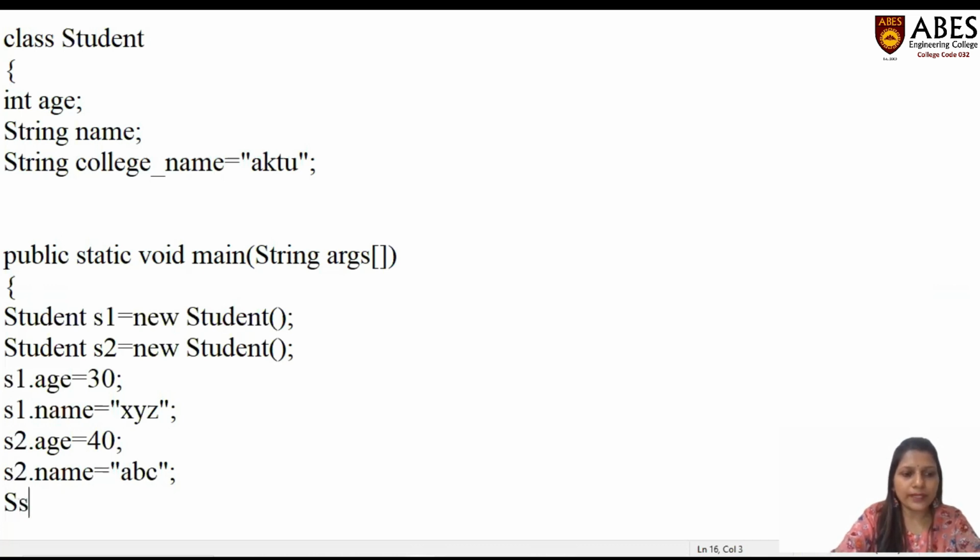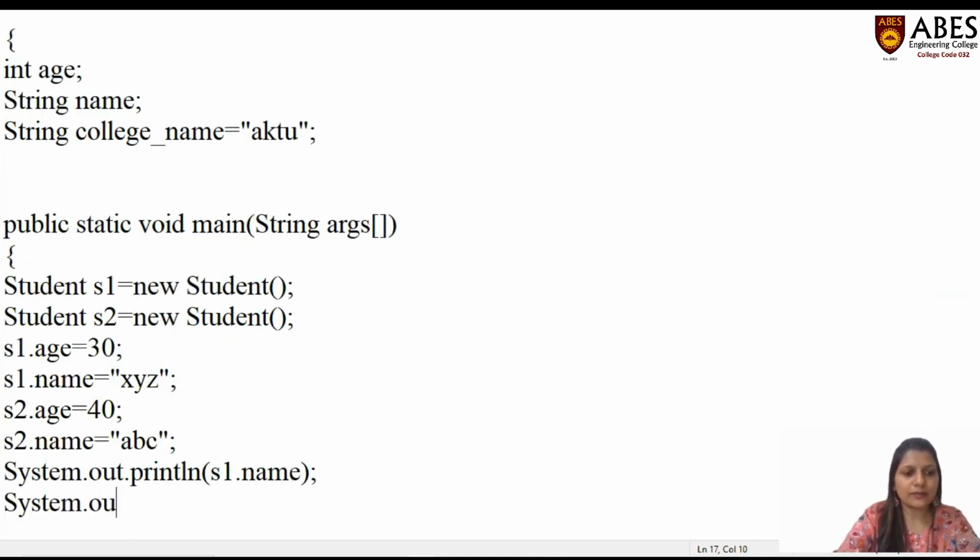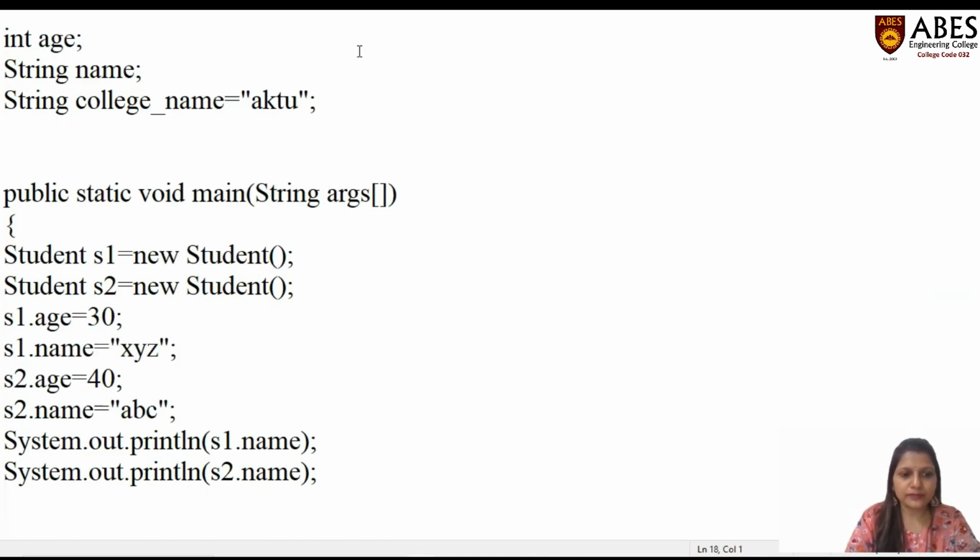And if I want to print both the variables, simply I write System.out.println(s1.name), System.out.println(s2.name). Similarly, you can print s1.age and s2.age, right?